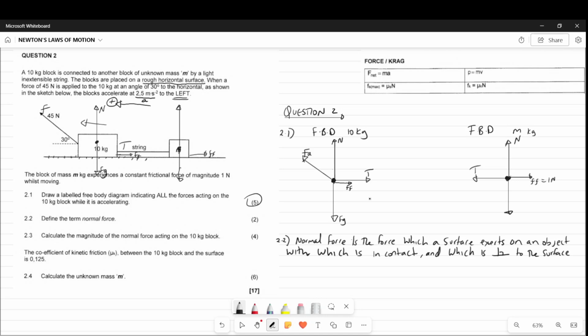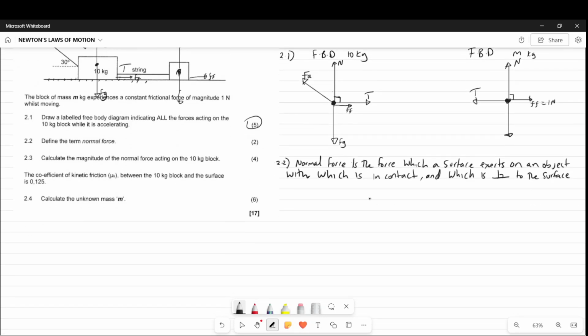And also remember that normal force is always perpendicular, meaning that the force should be at 90 degrees to the surface, always. So that's the definition of the normal force. Remember two things about normal force: it should be in contact with the surface and should be 90 degrees to the surface. That's it. So now let's move on.